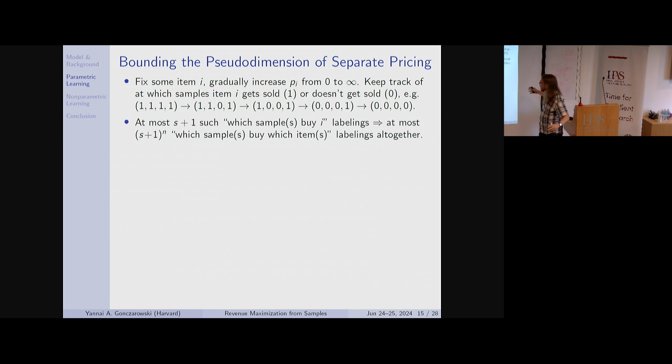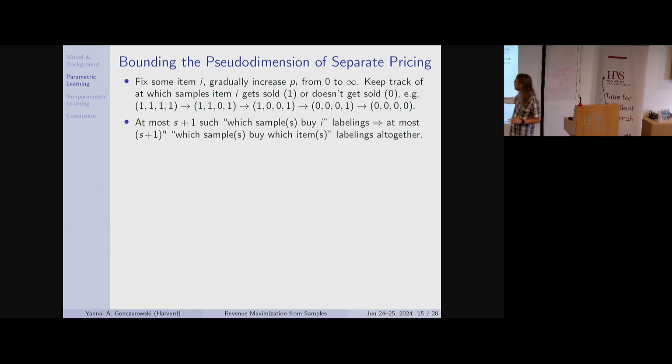For all items together, we're going to have at most (S plus 1) to the n huge vectors of which samples buy which items at the current prices. Okay? And I'm going to think about these as kind of intermediate labelings of these samples. You'll see in a second what I mean.